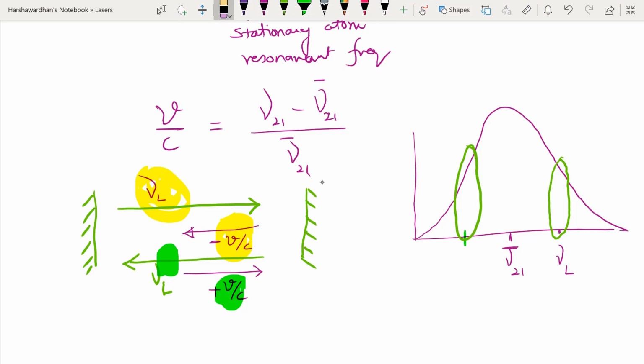So if I call this set as arising out of the collection which is at plus v by c, this is a set that is arising out of the collection minus v by c. And these are equivalent.